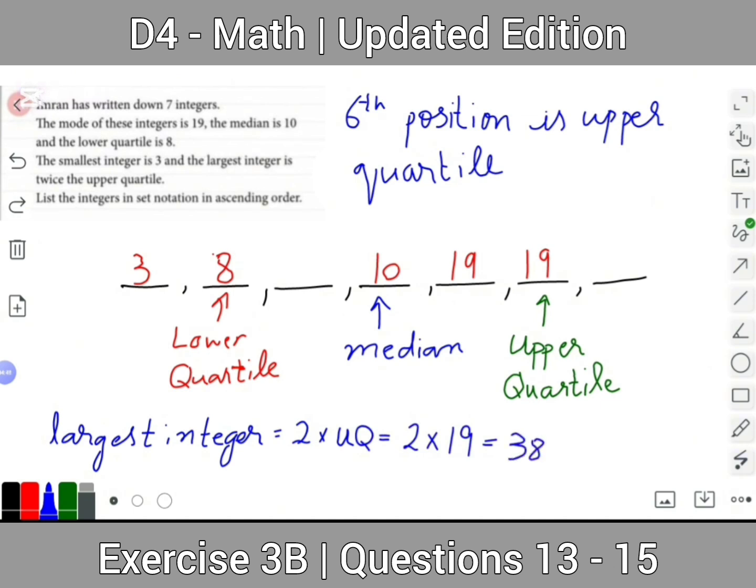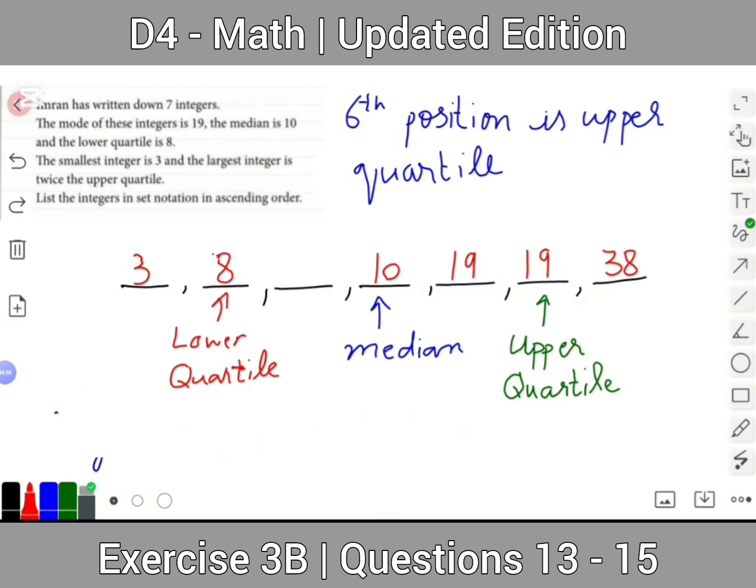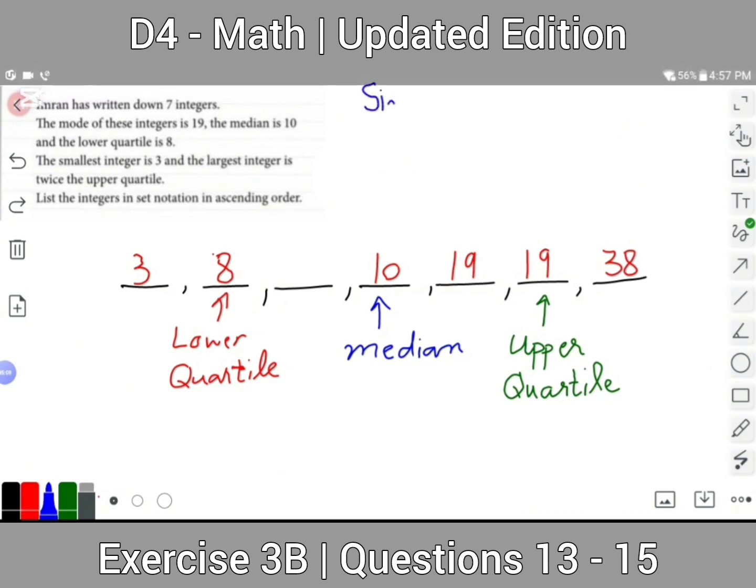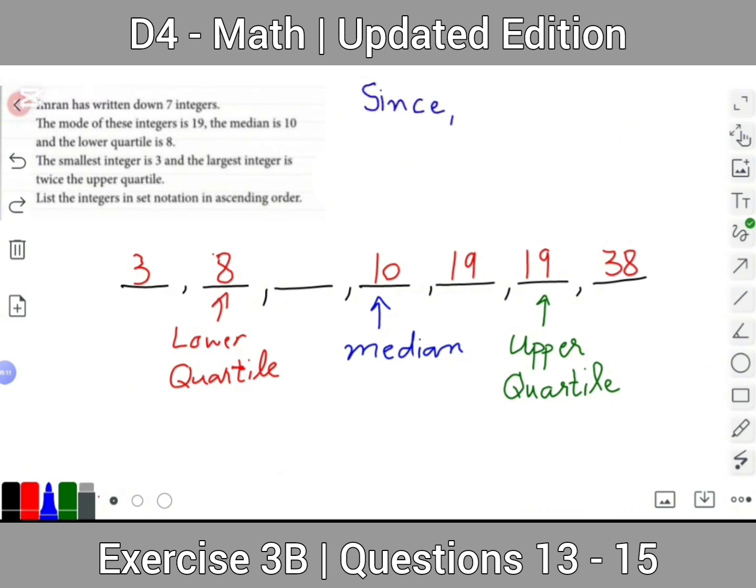So the largest integer is equal to 38, and we will write down here in the seventh position the largest value. So now since the mode is 19, so no other integer can appear twice.